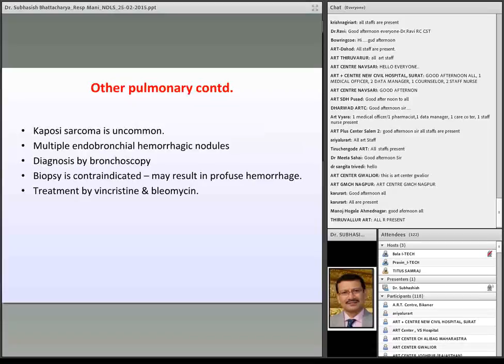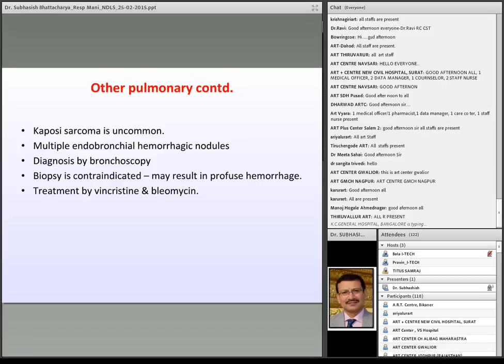In Kaposi sarcoma there are multiple endobronchial hemorrhagic nodules. Diagnosis is by biopsy, but sometimes biopsy is contraindicated because there may be profuse hemorrhage. So biopsy can only be taken with a proper setup and with a lot of caution. Treatment is by vincristine and bleomycin, anti-cancer drugs, but the prognosis is not good for Kaposi sarcoma in the presence of HIV.